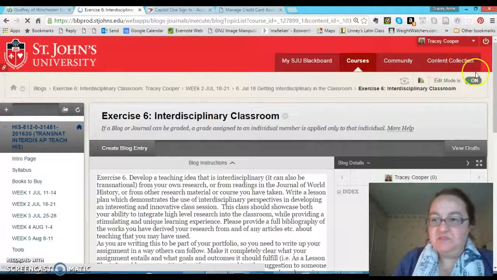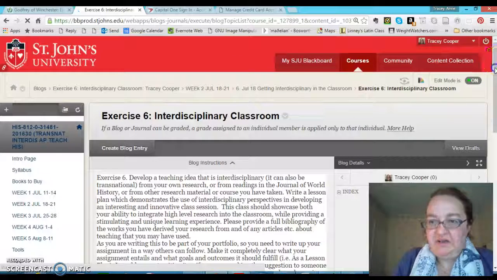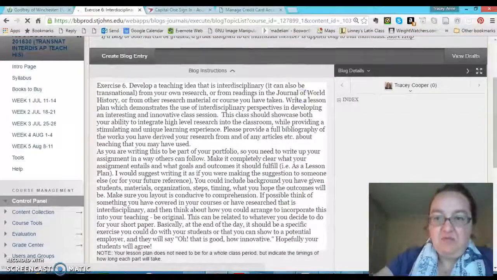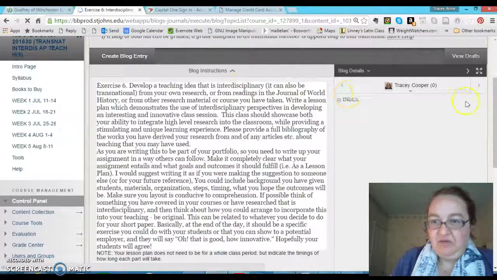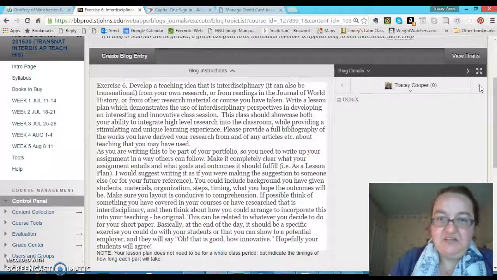Okay, I just wanted to point out very briefly that you go into here, this looks like you create your own blog, but if you want to look at the blogs of other people, it's not that obvious, but you need to click on these little buttons at the side here. If it's going to work, that'll bring you to the next one in the series. This is mine, this is empty.